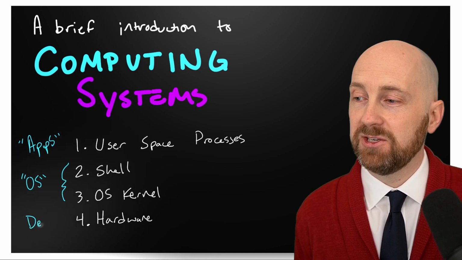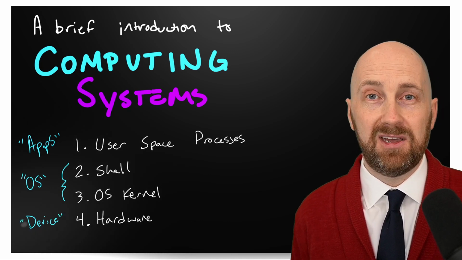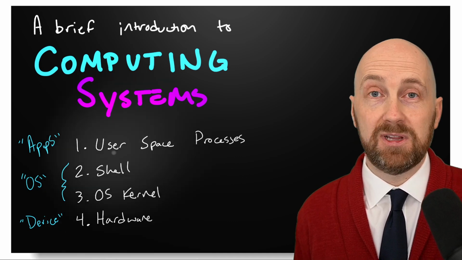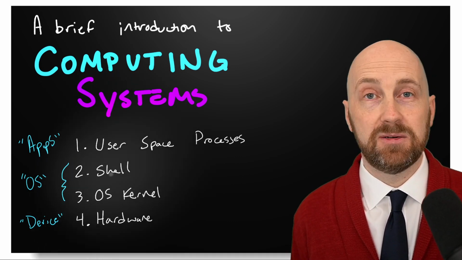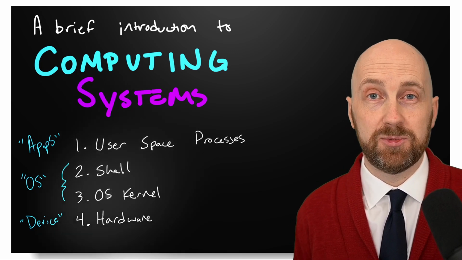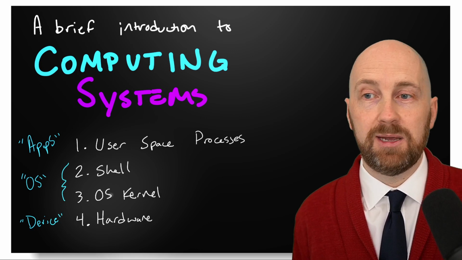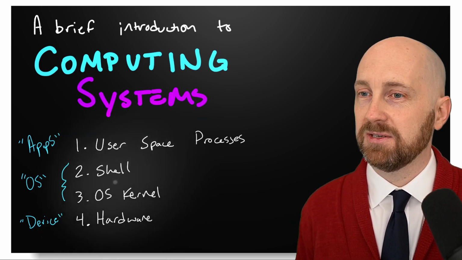This is what you think of as your device. So the phone or the laptop that you're holding is hardware. And all of the things that we listed before run on top of our hardware, right? Your operating system, your programs are all made possible because the machine that you're using is able to run them and keep track of all of the state that they have as part of their operations.